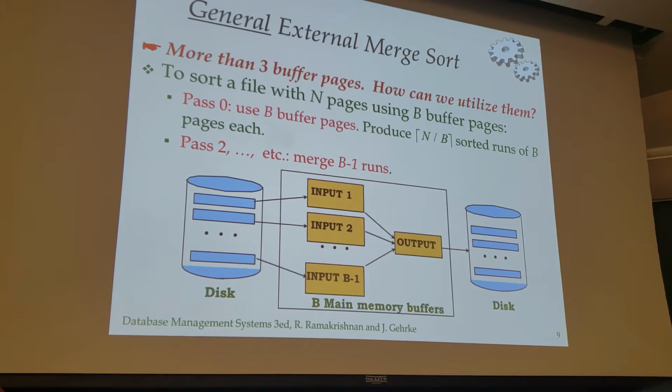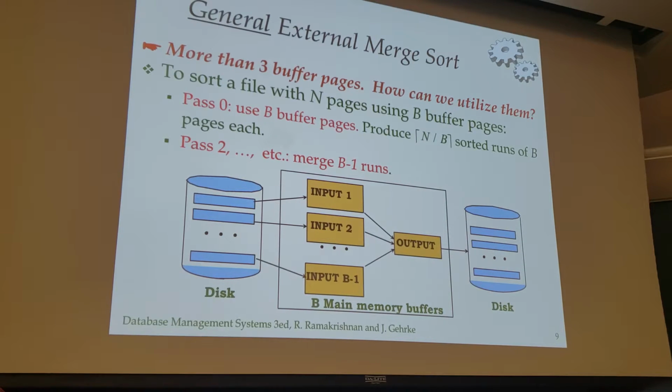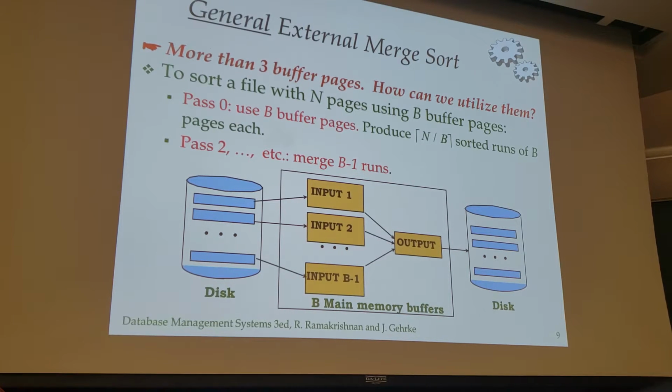So if we can sort B pages in memory, because we've got B buffer pages with an internal sort, then how many different sorted runs are there going to be? Well, we sort B, we sort B, we sort B, we sort B. The total number was n. There are going to be n divided by B sorted results as a result of phase 0. That's B times n divided by B equals n.